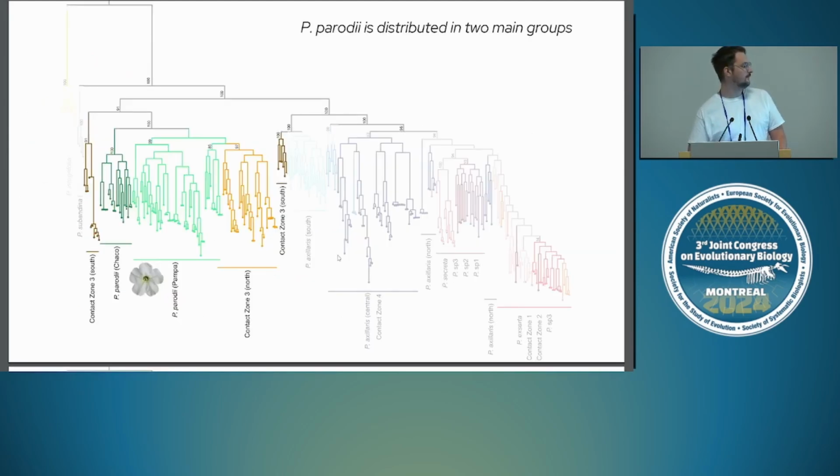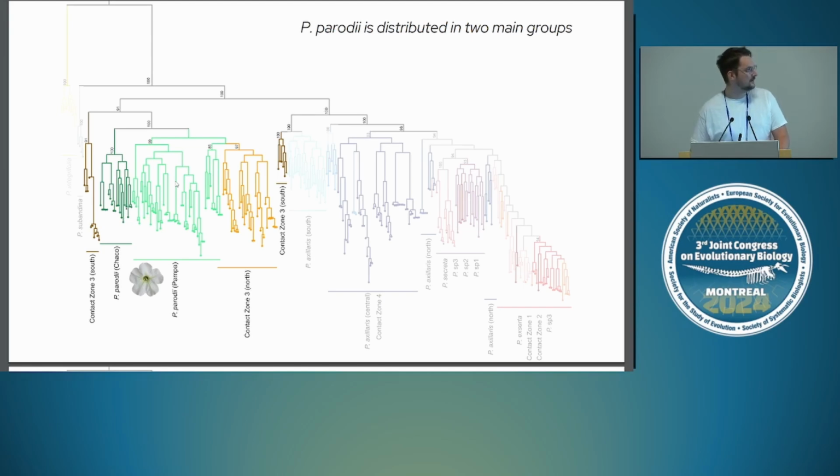Regarding Petunia parodii, we can see it is divided mainly by the biomes where it occurs. Here in the dark green, we have the populations that are in the Chaco biome, and in light green, we have the populations that are distributed in the Pampa grassland biome.